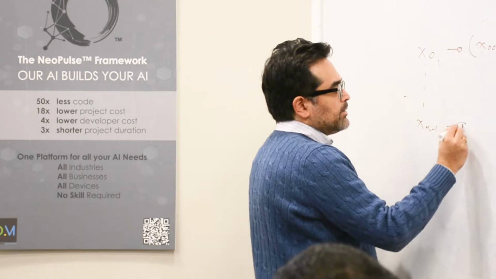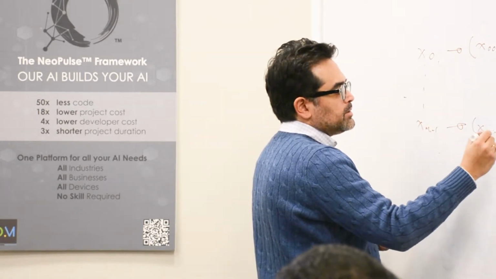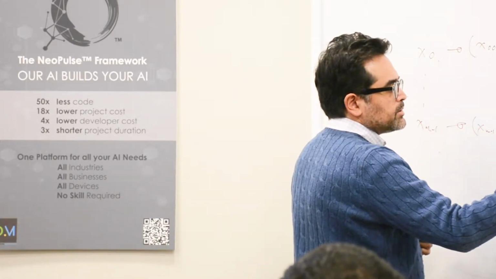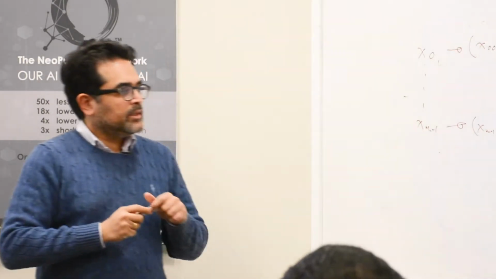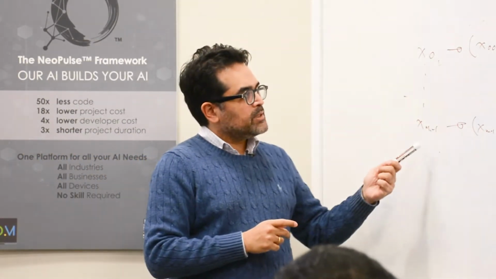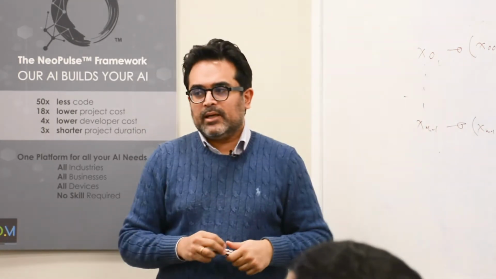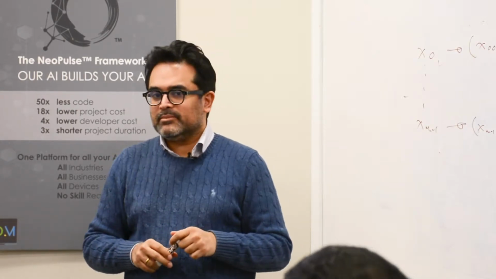Then this goes down here, and you have x m minus 1, 0, all the way up to x m minus 1, n minus 1. So this is basically m minus 1 observations, where each one of these observations has n minus 1 possible features, right?